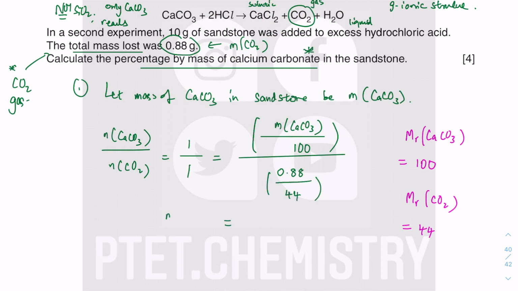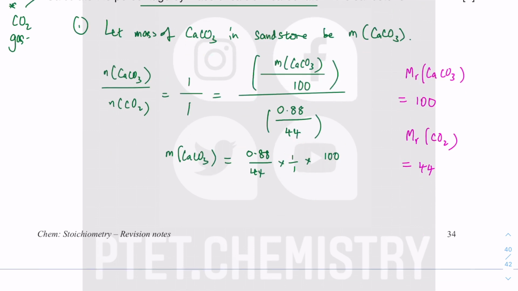So our job really is to find the mass of calcium carbonate that reacted. So there's 0.88 over 44 times 1/1 times 100. And that gives me 2 gram. Running out of space down there, perhaps I can just write it down there, 2 gram.